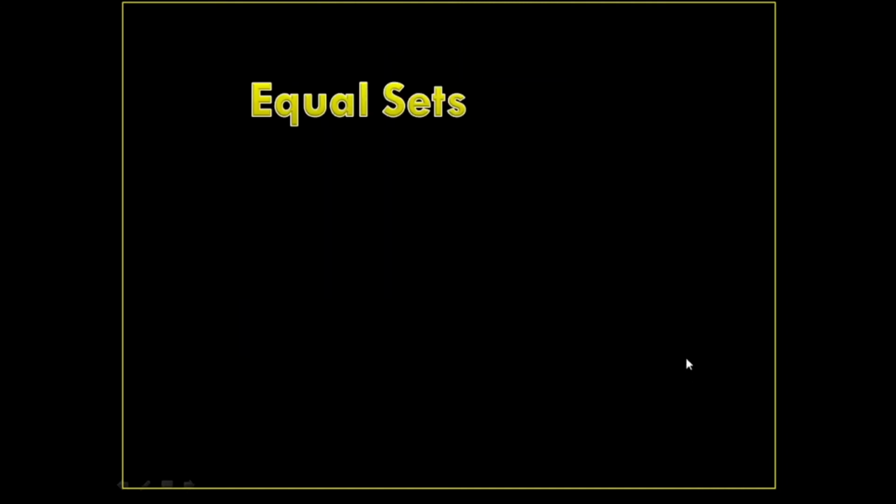Now next one, equal set. With a very simple example I will show you. A has the members 1, 2, 3, 4. B also has 1, 2, 3, 4.